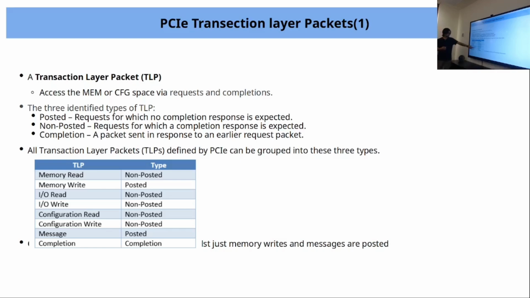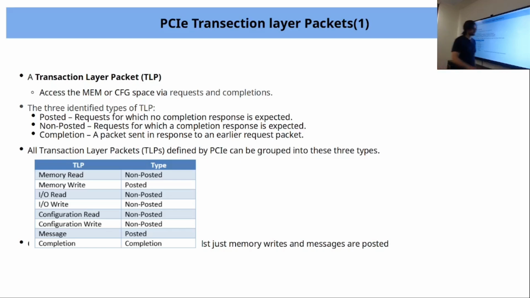That is important whenever we are setting something in the configuration space to enable certain configurations. I think that is a must, we should get acknowledgement of that. Message is posted, which is mainly used for interrupt generation, MSI, and then completion is the reply packet again.